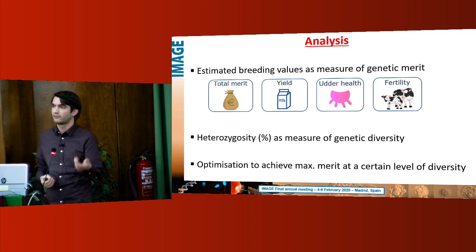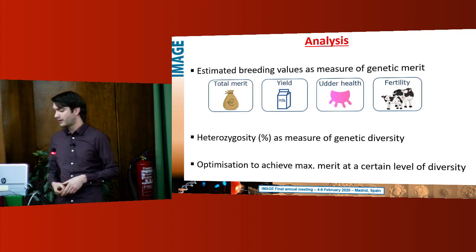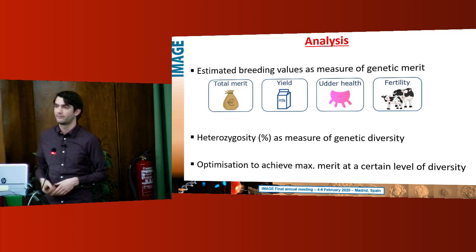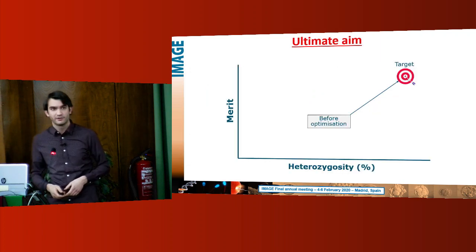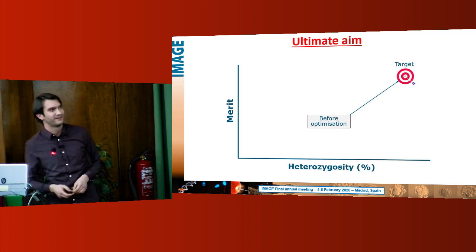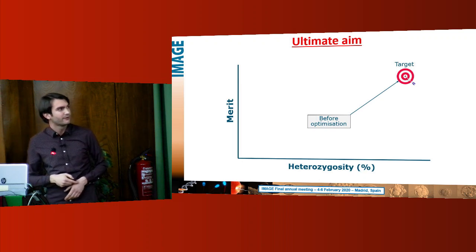And then, as was already explained by Gabor, we used optimal contribution selection to achieve the maximum amount of genetic merit at a certain level of heterozygosity. The figures that I will show you are very similar to the one you just saw in the presentation of Gabor, where on the x-axis we have the diversity.